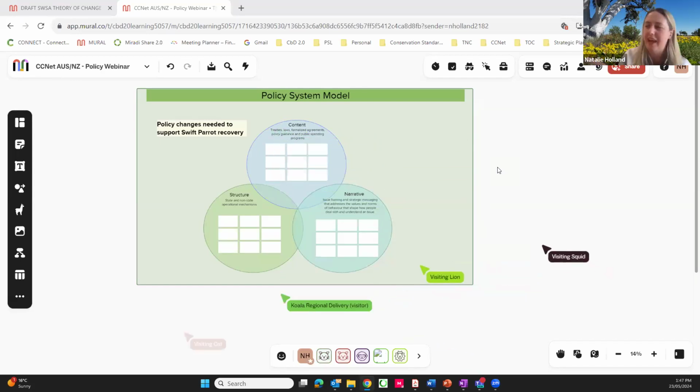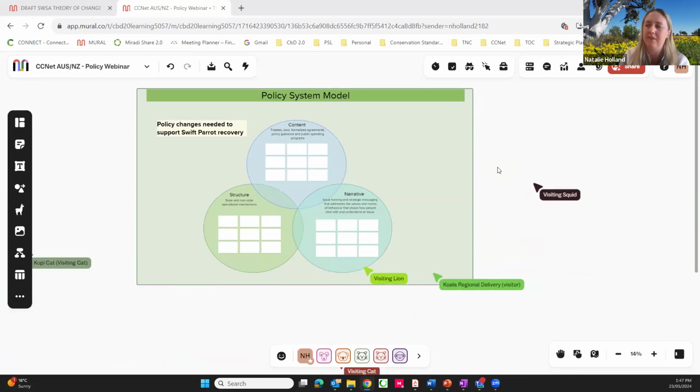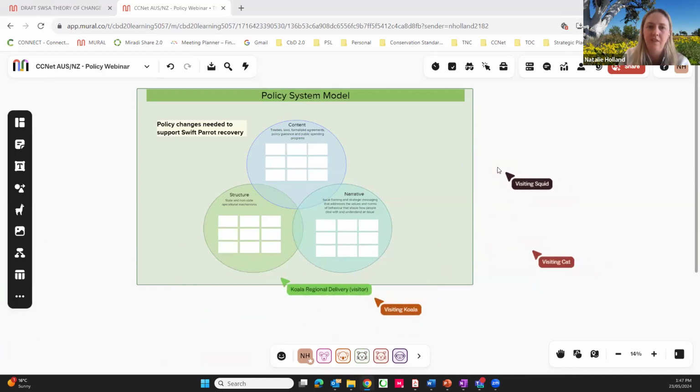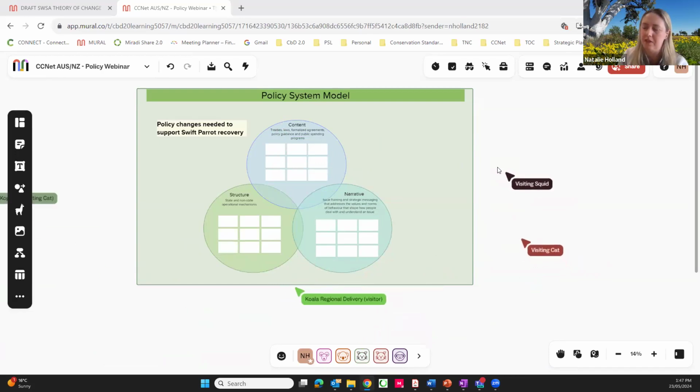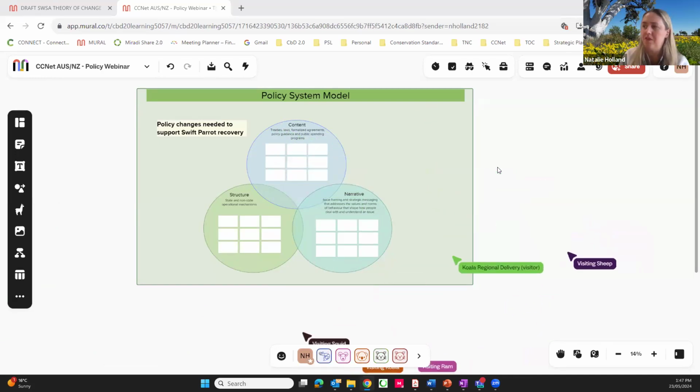Given the context I described, how would we describe that issue? What are the elements of content that might be relevant to this species and issue? What are the elements of structure? And what might be elements of the narrative?